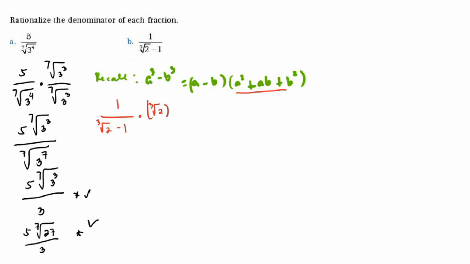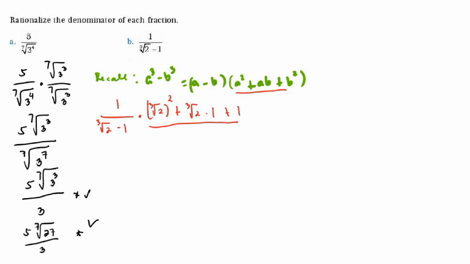And this will be plus because of the sign minus. The conjugate of that will be plus the product of the two terms, which is the cube root of 2 times 1, plus the square of the last term, which is 1, all over.